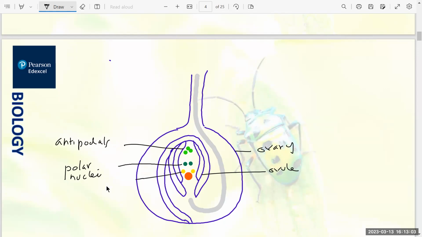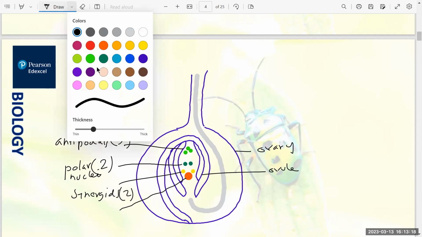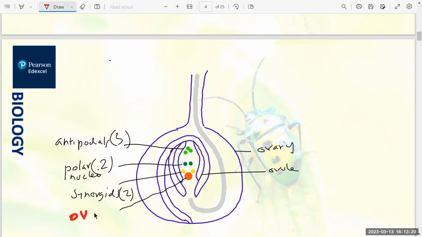And these 2 nuclei are called synergid. So here 2, here 3 nuclei, and here 2 nuclei. And this one is the main nucleus, the ovum.